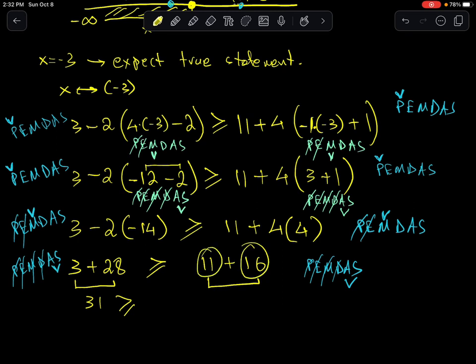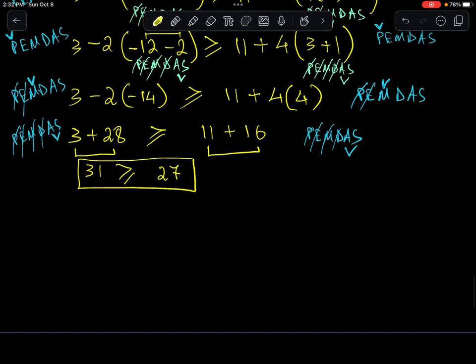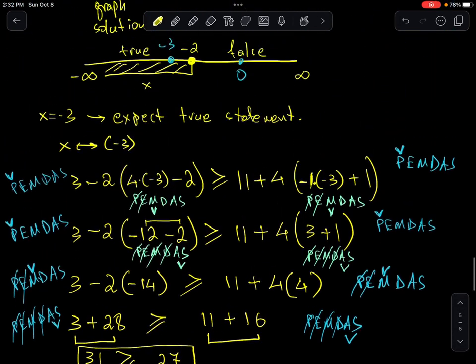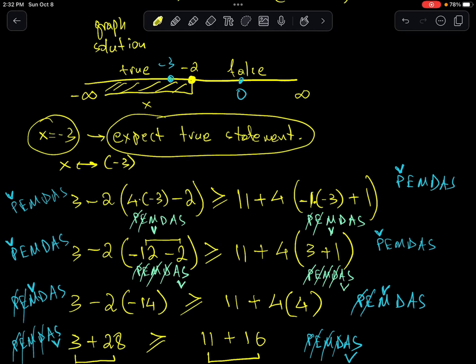11 plus 16, they're both positive, so I get a positive. 11 plus 16 is 27. And this is what I get: 31 greater than or equal to 27. Now, let's see what I expect. I expect that when I plug in -3, I will come to a true statement.